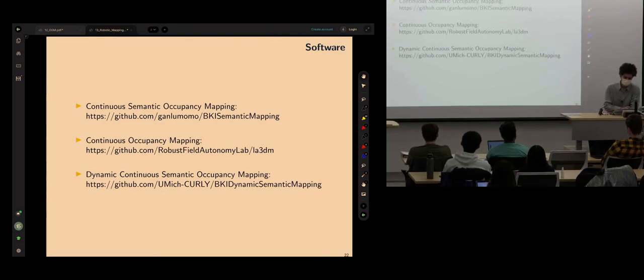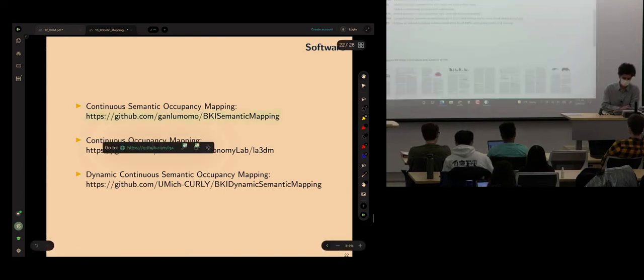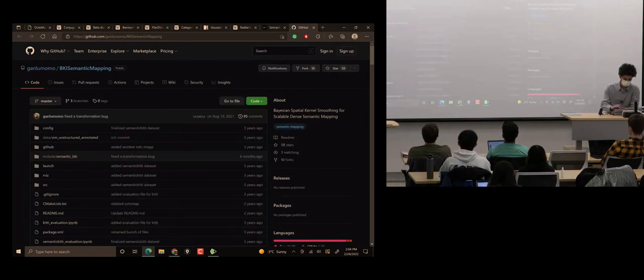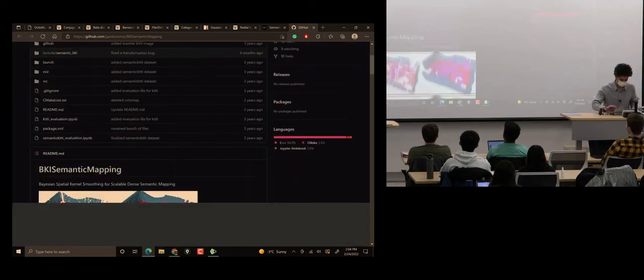So for the continuous semantic mapping, you can go to this library. This is on Dr. Lu Gan's Git. She was my PhD student. She graduated.